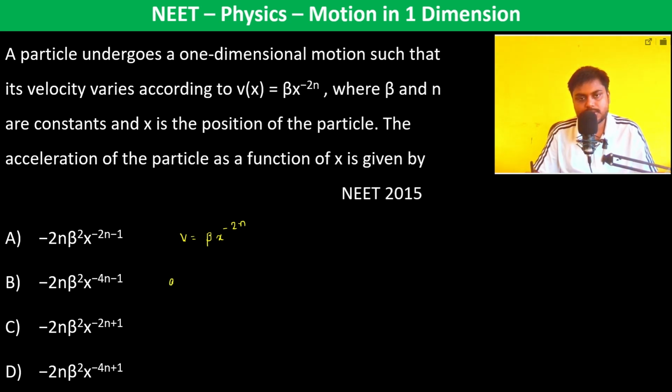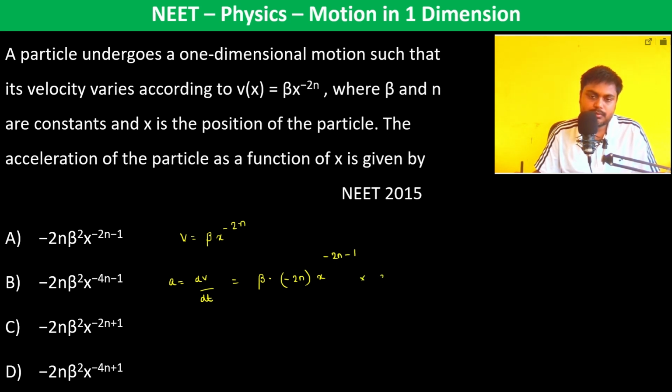So acceleration is equal to dv upon dt. So therefore beta into, okay, so let us differentiate this. This is minus 2n x to the power minus 2n minus 1 into dx by dt. Now dx by dt is velocity only.